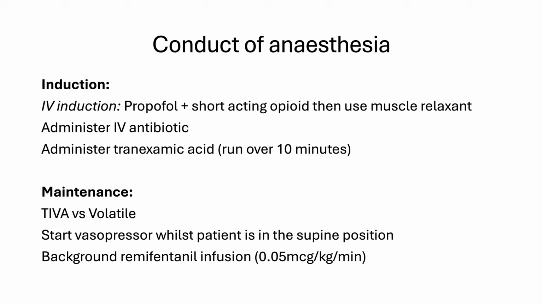If the patient has a high risk for postoperative nausea and vomiting, then I will run a propofol TCI and a remifentanil infusion, and also your vasopressor, so that the blood pressures are maintained within acceptable limits in order to maintain cerebral perfusion.